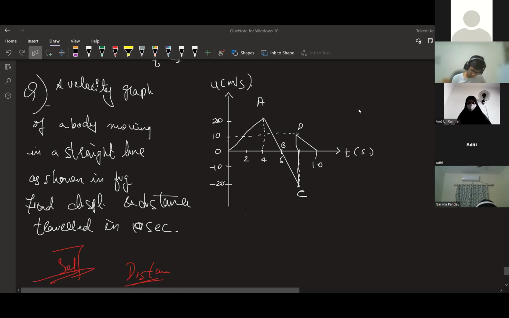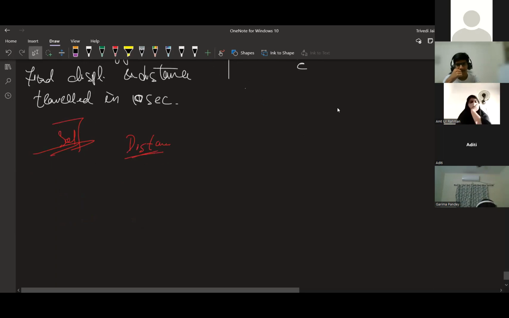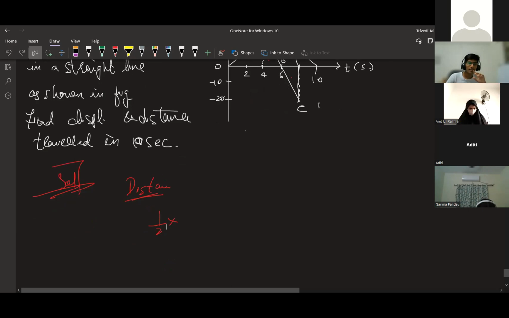Now, distance we have here like 2 and 2 and 4. Okay, and another one is 6. So how many 20s are there? 1, 2, and 3. So total, if I take all this, they are the same actually, right? So distance means 1 by 2 into base into height.